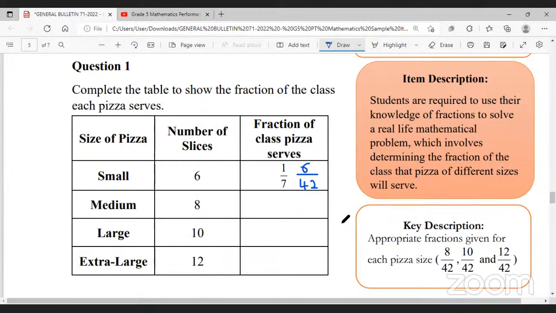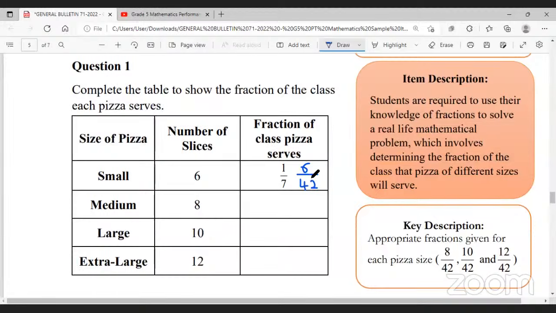Now we will further reduce this fraction. Technically what we're doing is dividing the numerator and the denominator by a factor of each of these numbers. So the number that can go into both 6 and 42 without leaving a remainder is 6.